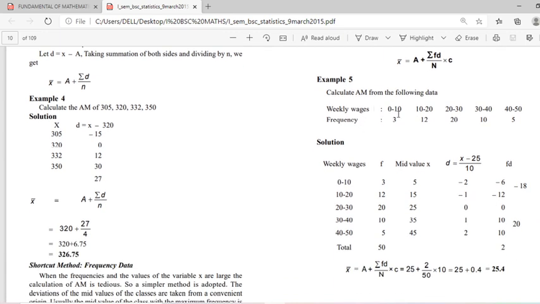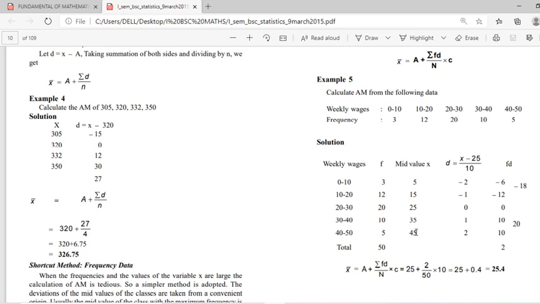Consider this class interval data: 0 to 10 with 3, 10 to 20 with 12, 20 to 30 with 20, 30 to 40 with 10, and 40 to 50 with 5. In that case, we take the mid values of the class intervals: 5, 15, 25, 35, 45.